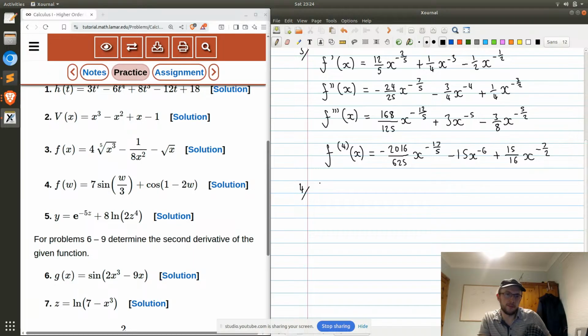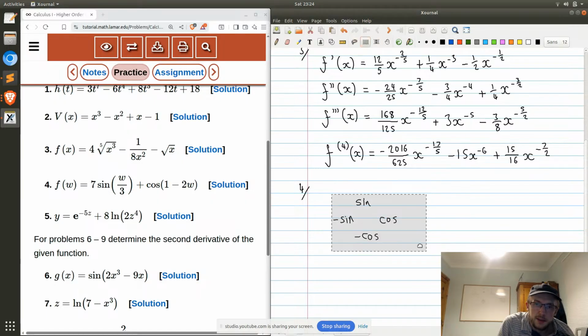Fourth one. Sine and cosine. I call this the cosine clock. When you differentiate, it goes round like that. So let's do it. Let's differentiate.